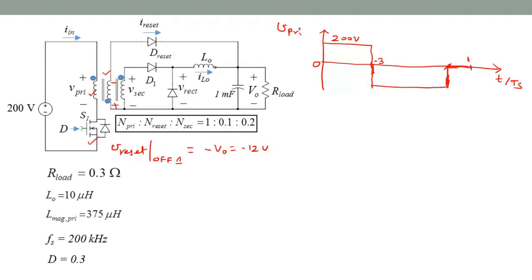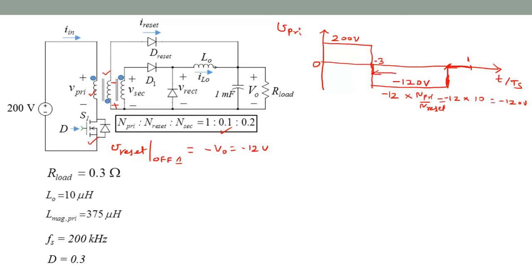But we know that the magnitude during this duration is minus 12 applied to the reset winding, and they are transferring that to primary. So it will be minus 12 times N primary over N reset. N reset is 0.1, so it's 1 over 0.1 or 10, equals minus 120 volts. Okay, this is minus 120.